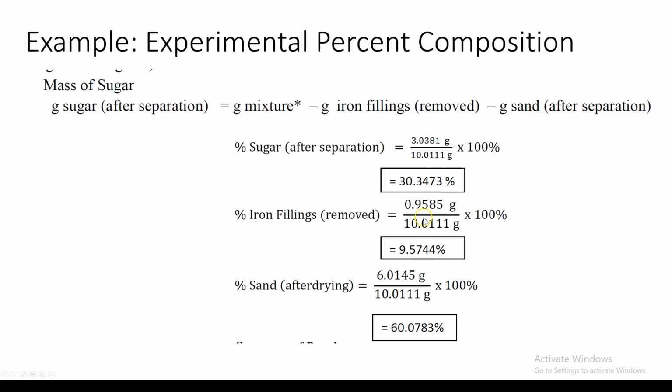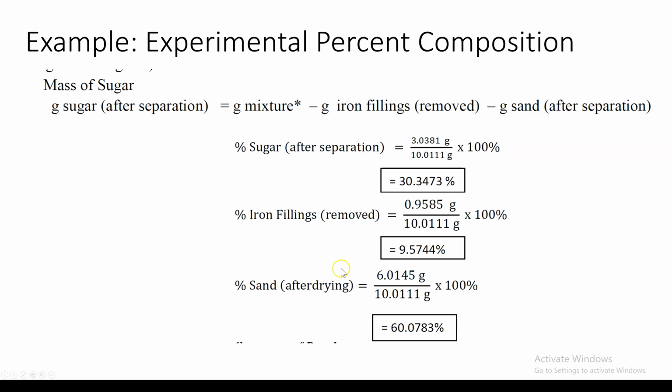Let's say, for example, that we took out 10.011 gram, and in this 10.011 gram, we have 0.9585 gram of iron. To figure out the percent of the iron, we'll take the mass of this iron that we recovered divided by this total mass, multiplied by 100%. And this would then become the experimental percent composition of the iron filings.